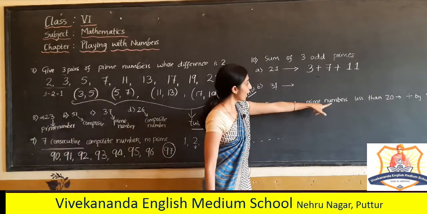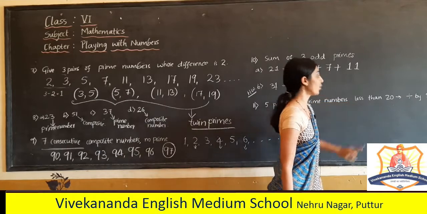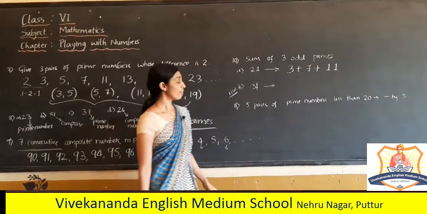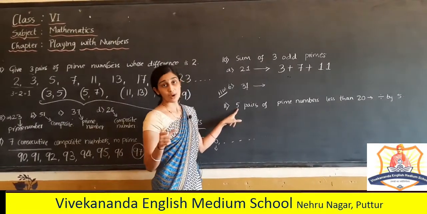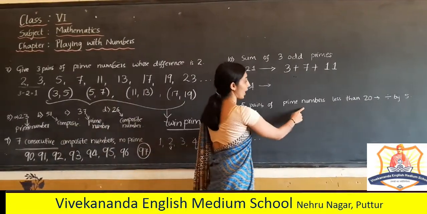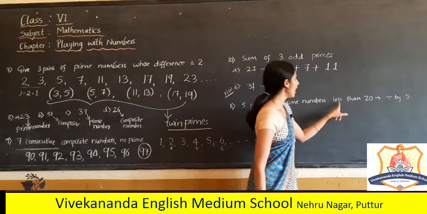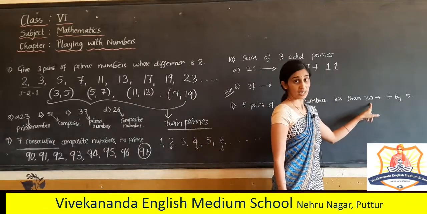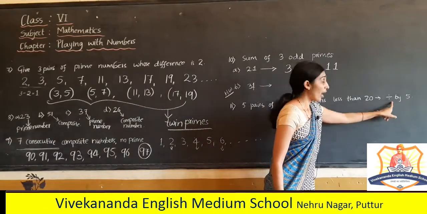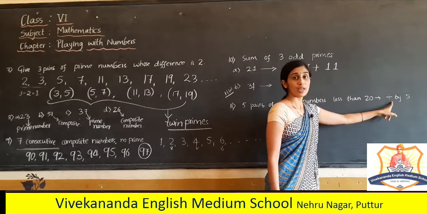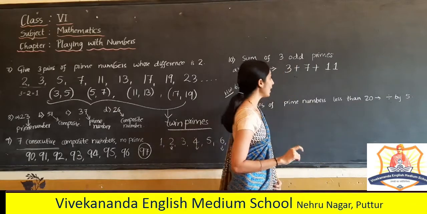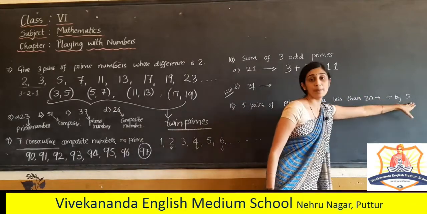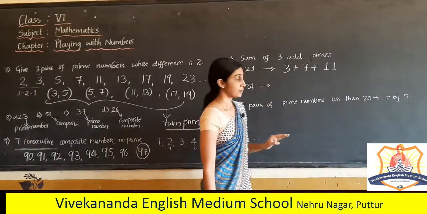5 pairs of prime numbers less than 20. What have they given in the question? We have to list out 5 pairs of prime numbers which are less than 20, and they have given one more condition: the sum of those pairs must be divisible by 5.